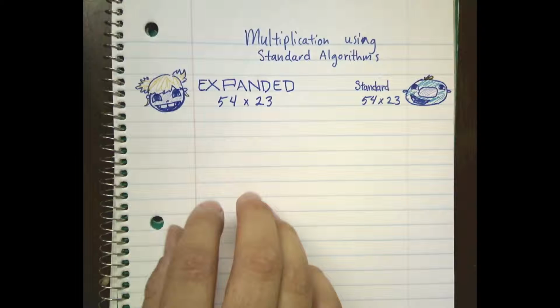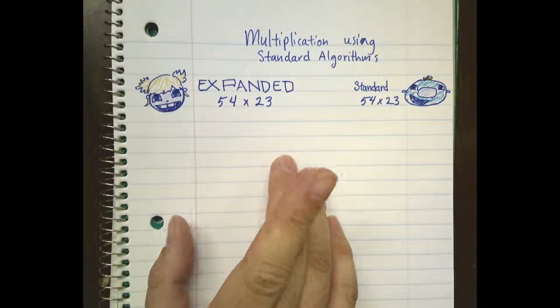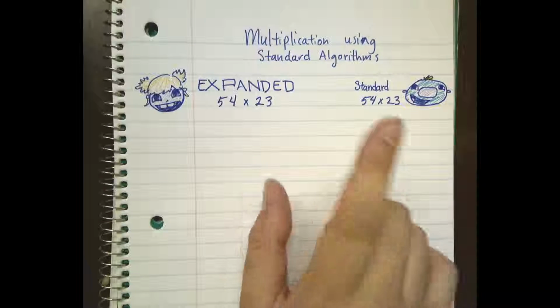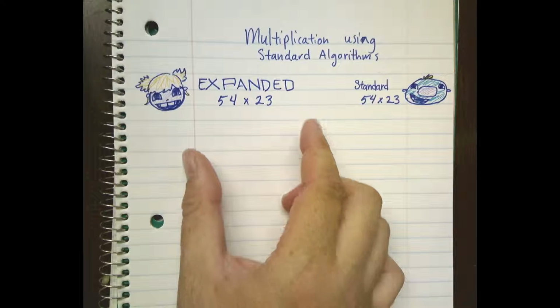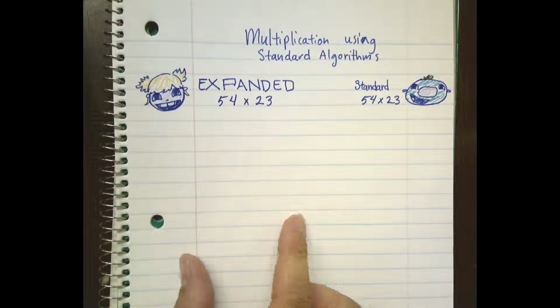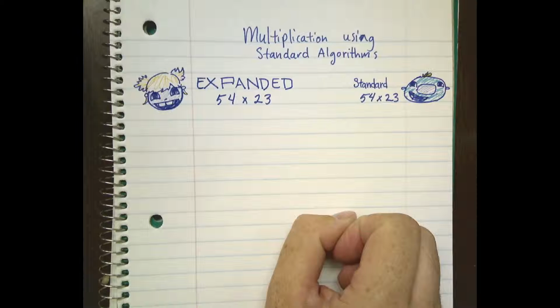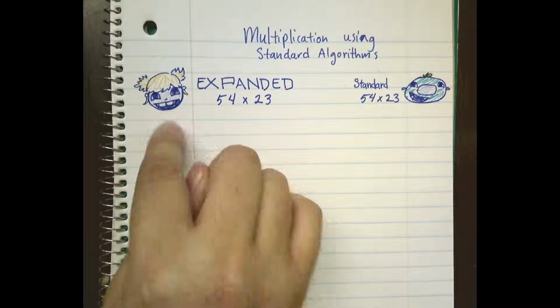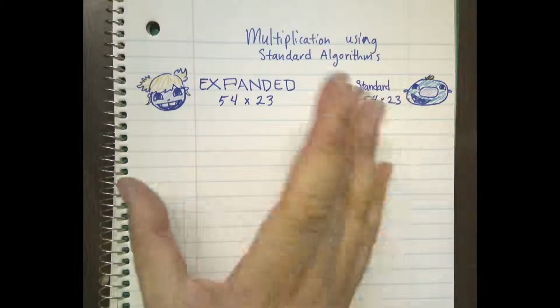All right, so we've already talked about multiplication using area models, and now we're going to talk about multiplication using standard algorithms. So we're going to talk about two different ways: the expanded version and then our little shorter standard version. For the expanded version, I thought of Gina the Giant from Wall-E Kazam because she's big and she's expanded.